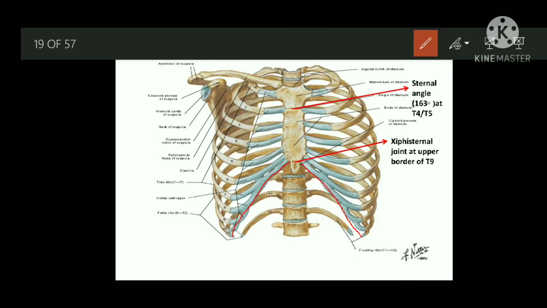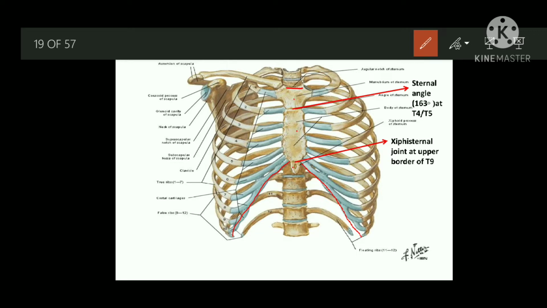Come to the bony landmarks. Anteriorly the sternum has the manubrium, body of sternum and xiphoid process. The upper border of the manubrium is known as the suprasternal notch or jugular notch, which lies at the level of T2 and T3 vertebra.